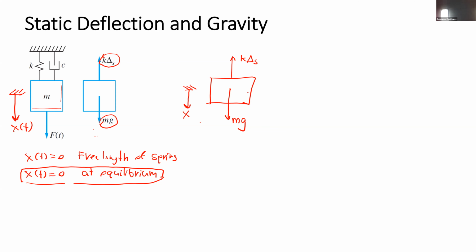If this box moves further with the coordinate x, the total spring force should be k multiplied by the x that moved from the equilibrium plus the static deflection.